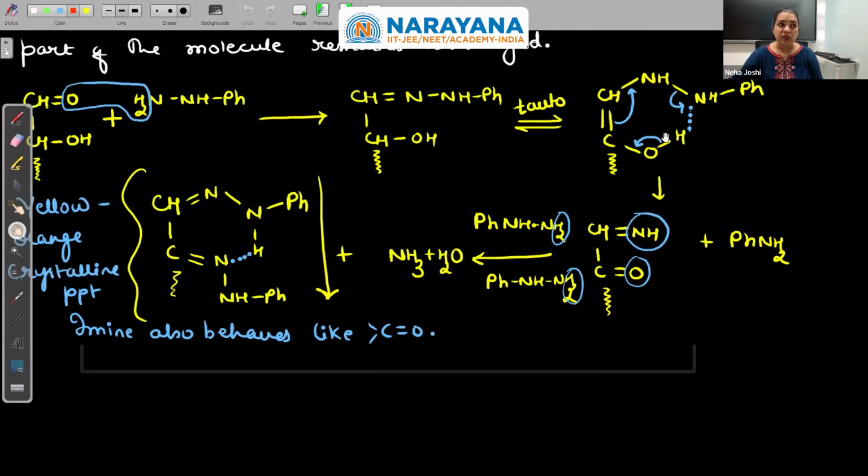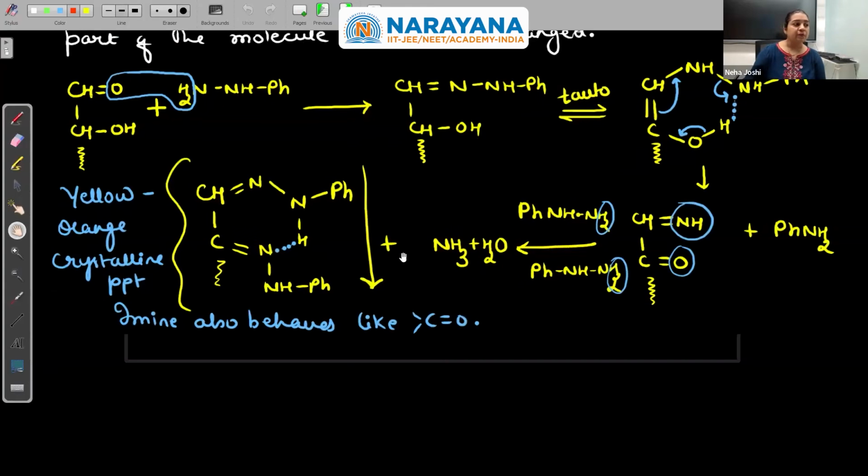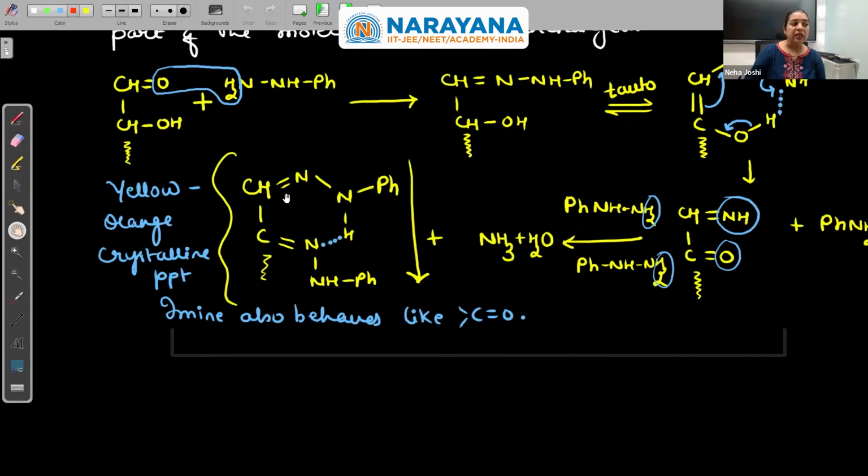Now this chelation is breaking. If you see how, the second carbon, which was hydroxyl, is now becoming a ketone, and the phenylhydrazone part has become an imine and aniline is free. As I told you in the aldehyde-ketone chapter, an imine behaves very much like a ketone, so the same reaction takes place. Again 2 moles of phenylhydrazine react, and phenylhydrazone forms on both sides.